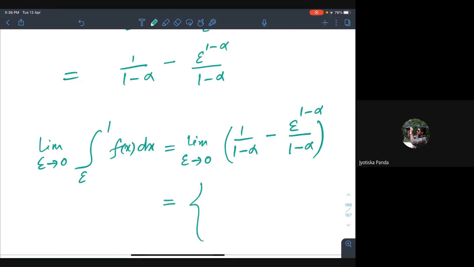This is equal to 1 by 1 minus alpha if alpha is less than 1, and this is infinite if alpha is bigger than 1, right?